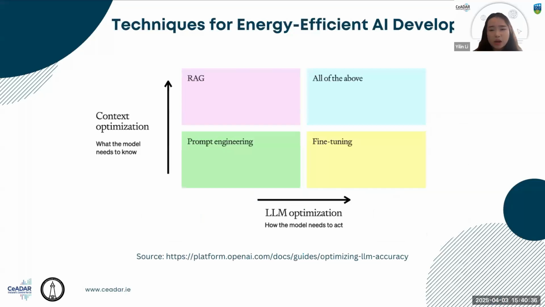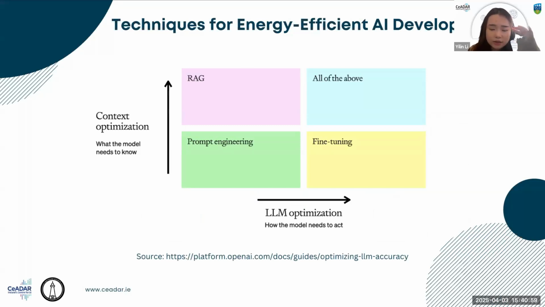So let's think about how to choose the right optimization method. It depends on your use case. There are two main questions to ask. First, does the model need to know more context?